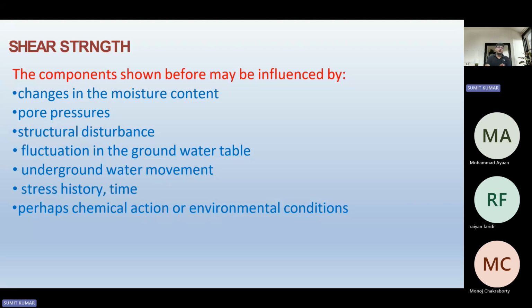So you need to understand that the shear strength characteristics are influenced by the cohesion and angle of internal friction, but those soil characteristics, in addition, like the unit weight of soil, degree of saturation, void ratio, everything could be affected by these components. Hence, this is also very important when talking about the shear strength characteristics of soil.